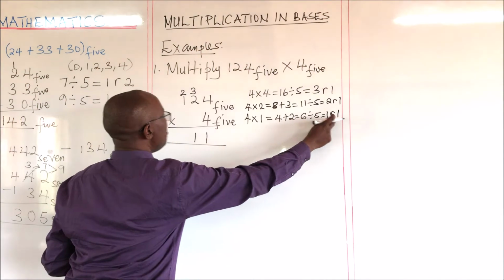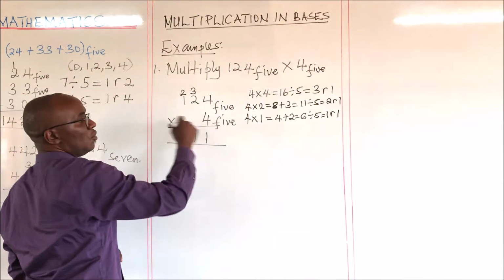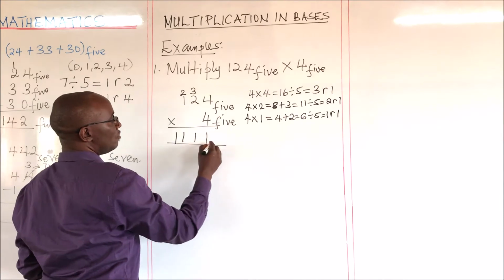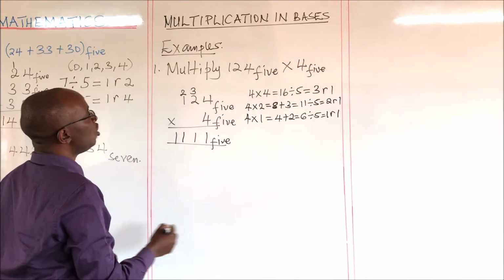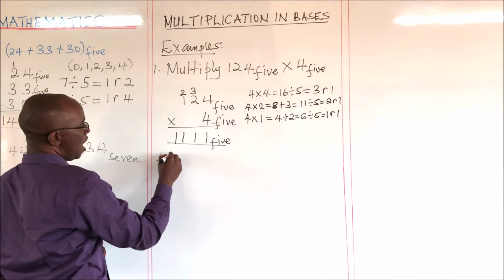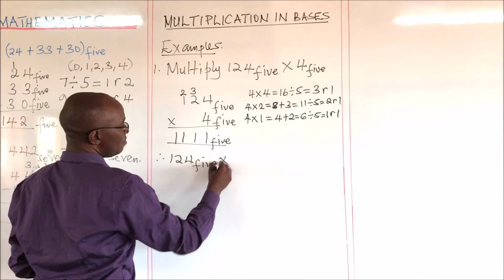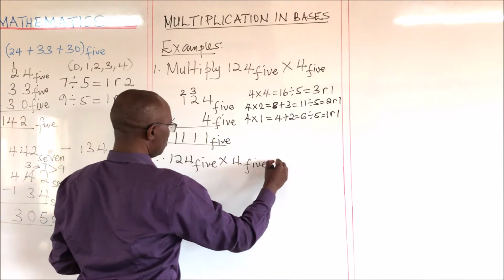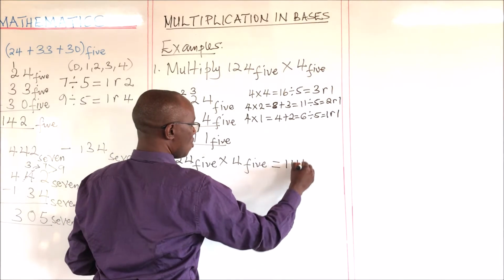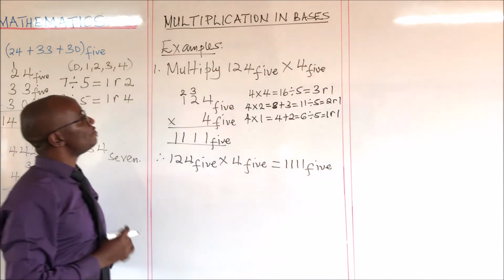So we write the remainder down, but now we do not have where to carry 1, so we write it here. So the final answer is, therefore, 124 base 5 times 4 base 5 is equal to 1111 base 5. So that is my final answer.